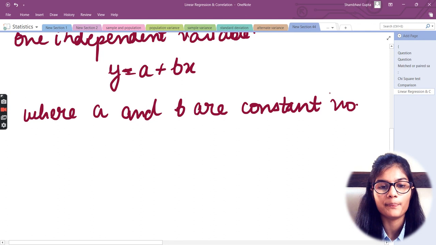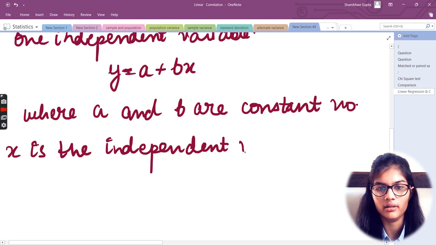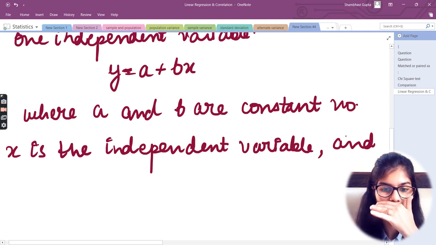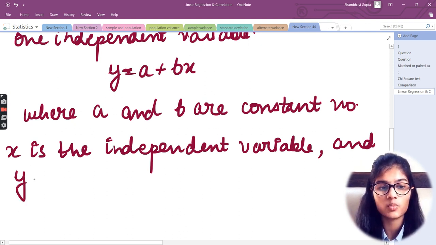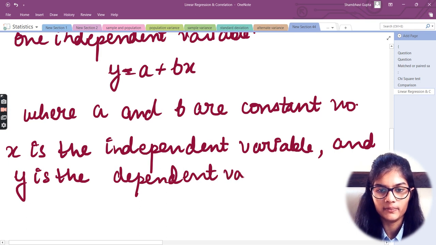Now I could mention here that x is the independent variable and y is the dependent variable.